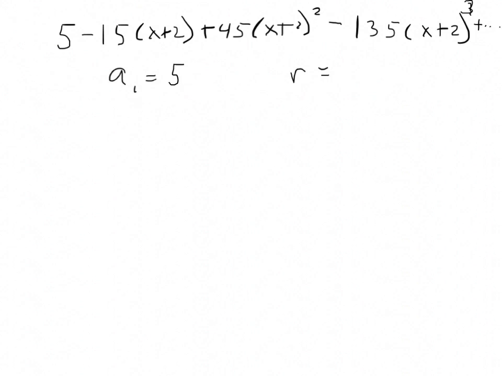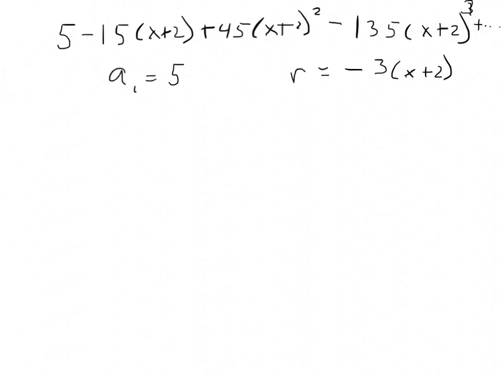As far as the common ratio is concerned, you'll notice this is alternating, which means the common ratio is going to be negative. And what is it being multiplied by each time? Looks like it's negative 3(x+2). So wonderful.